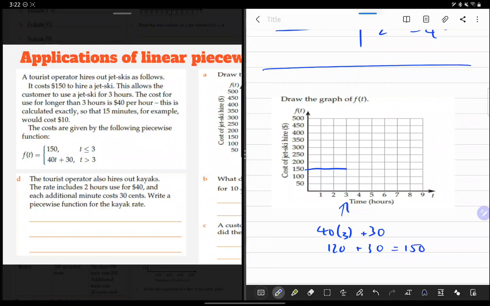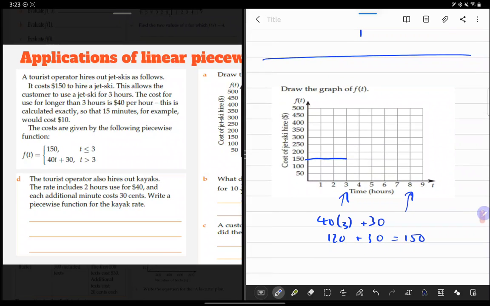It's a linear graph. It's 40 times t, so for every t, it's going to go up by 40. So let's try a few. I could try any other point at this stage. Let's pick 8, because I feel like it might be easier to do that multiplication. Remember, for a linear graph, I don't need too many points, just 2, because I know it's a straight line.